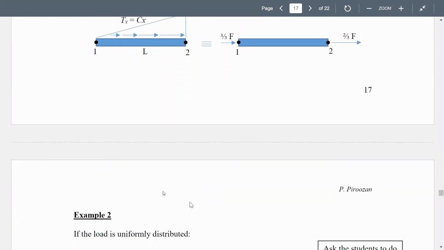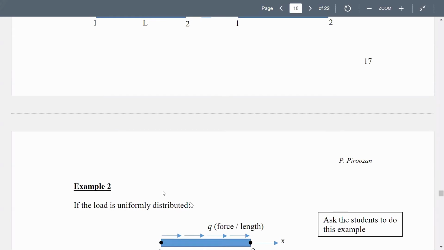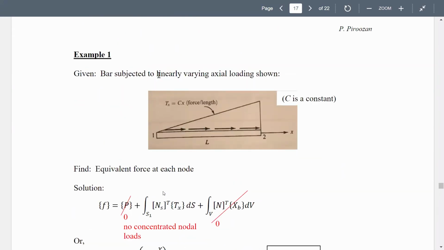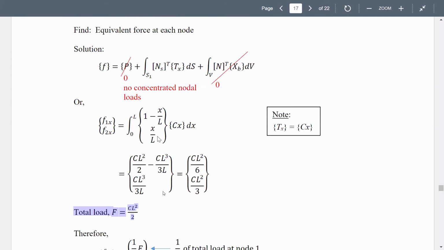Sure. Now, any questions about this? Because I want you to solve the second problem. Again, remember, distributed load, linearly varying. To do this one, we use the formula that we derived, and then we use the shape functions.